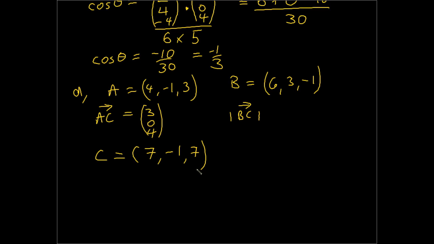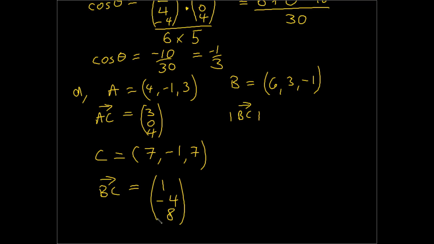So that means point C is at 7, minus 1, 7. What I then want to do is work out vector B to C, which is how I get from point B to point C. So from 6 to 7 is up 1. From 3 to minus 1 is down 4. And then from minus 1 to 7 is up 8. So that means vector B to C is 1, minus 4, 8.